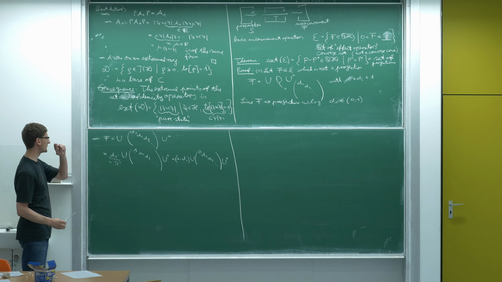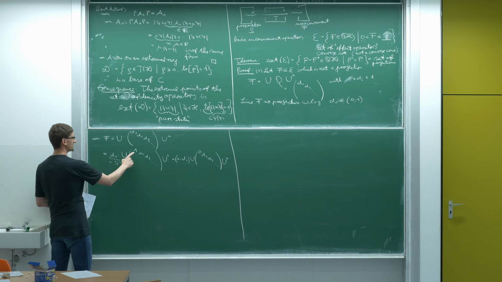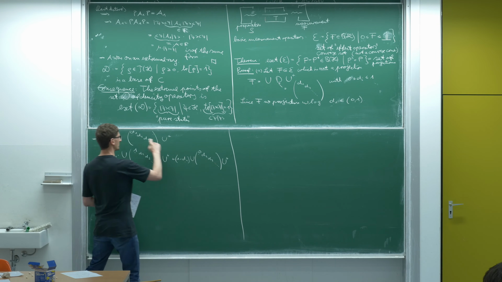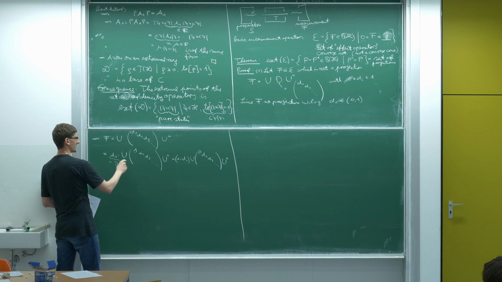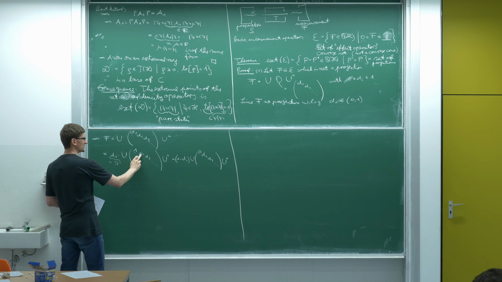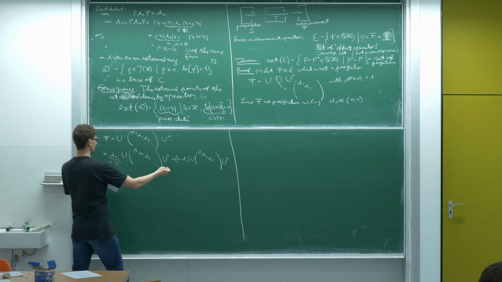Everyone can verify that this is true because D1 times 1 plus 1 minus D1 times 0 is just equal to D1, and D1 times D2 plus 1 minus D1 times D2 is just D2. Here D1 plays the role of the lambda in our convex decomposition.